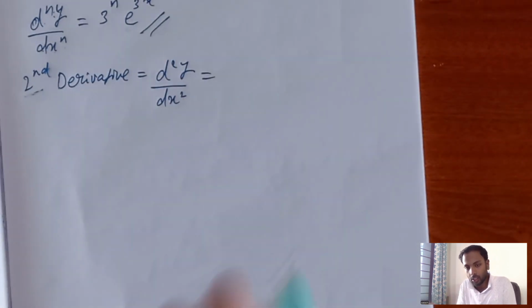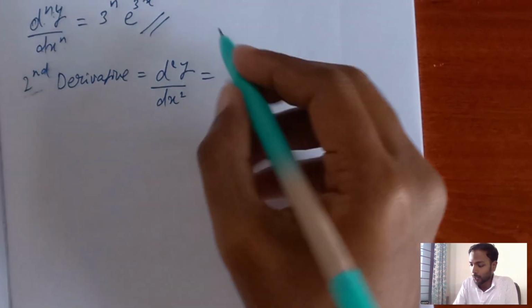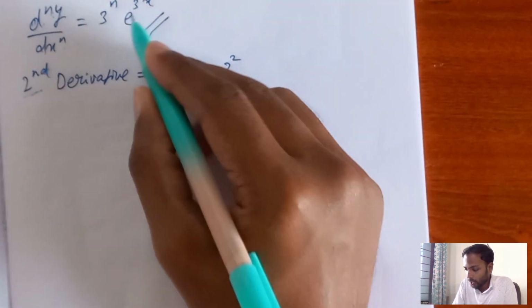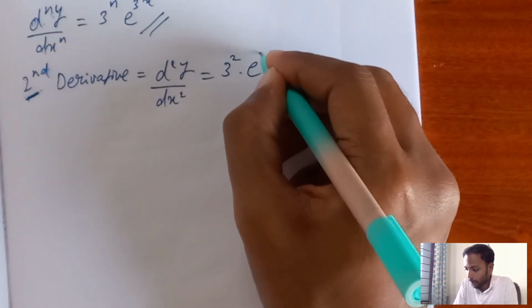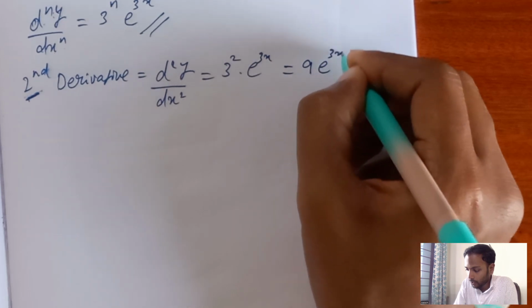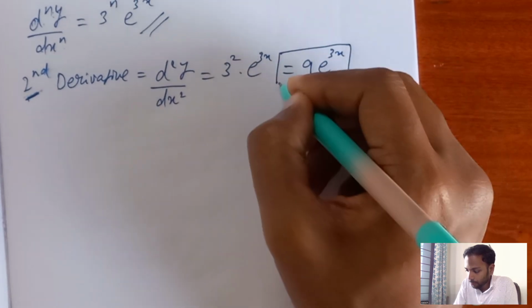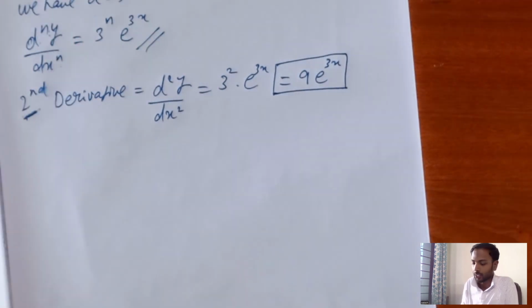If you're finding the third derivative, put 3. If you're finding the fourth derivative, put n is equal to 4. That's it. So 3 square into e power 3x, that is nothing but 9 into e power 3x, is the second derivative of e power 3x. So that's how you find it.